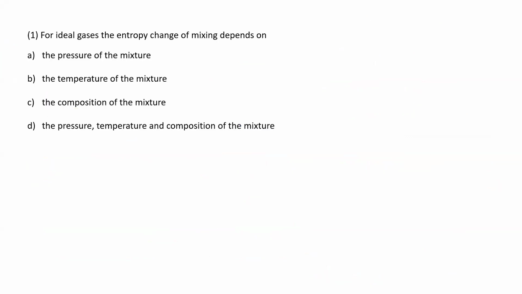Now we'll just pick up a few questions and go through them. For an ideal gas, the entropy change of mixing depends on what? So as I said, delta entropy for mixture ideal gas equals R sigma Yi ln Yi.